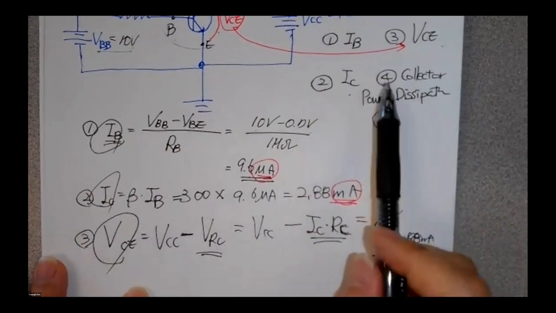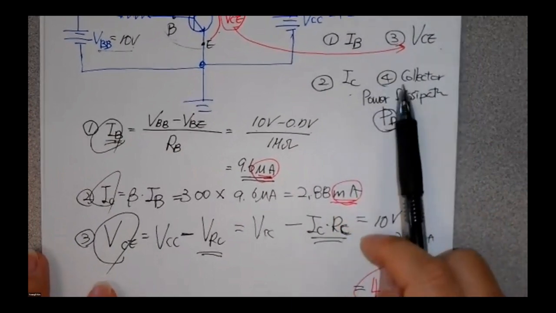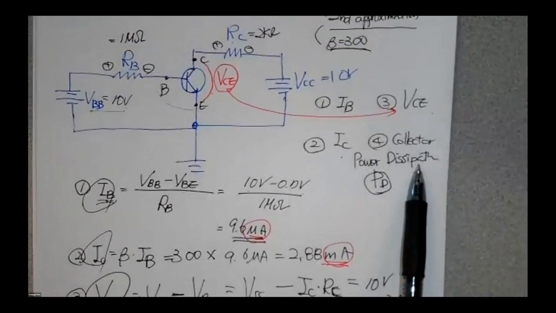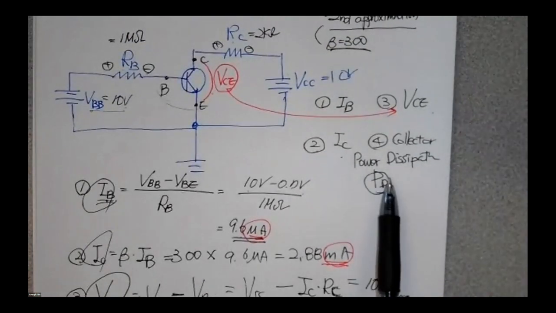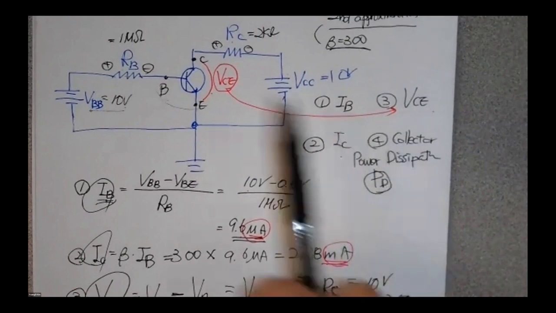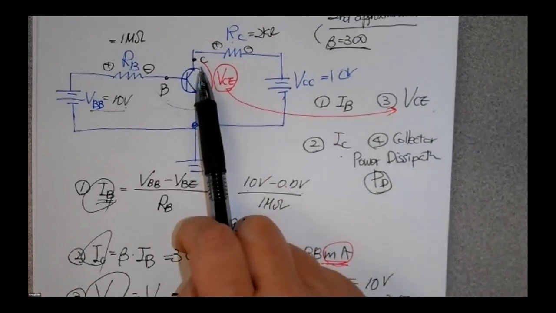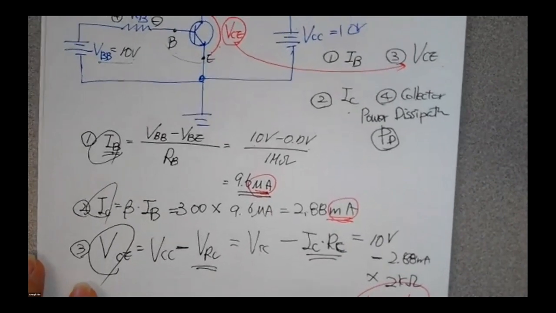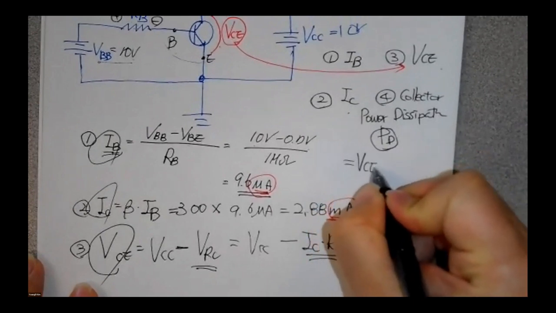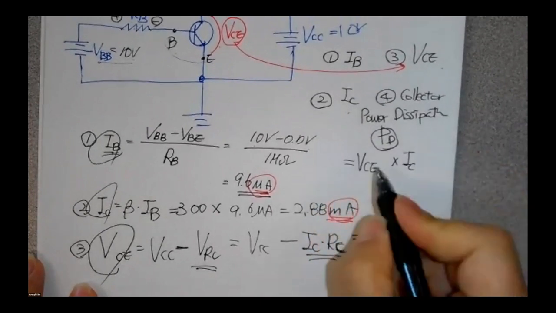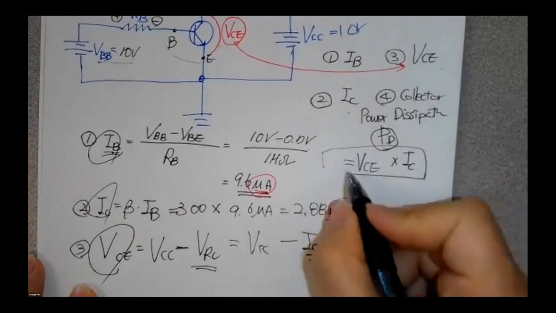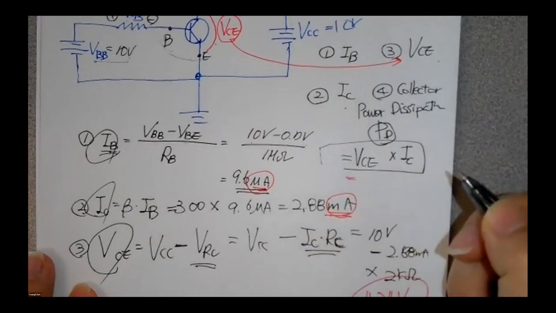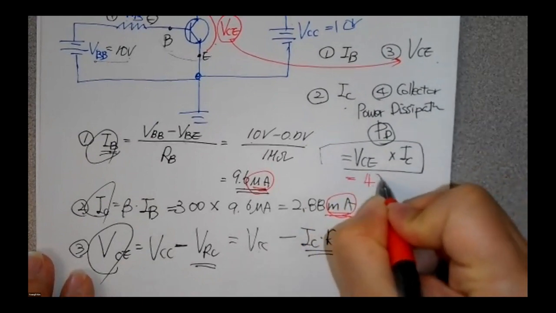The last one is kind of a new concept: what does collector power dissipation mean? What is the power at the collector here, right? So the P sub D is V sub CE multiply I sub C. So V sub CE is what? 4.24.